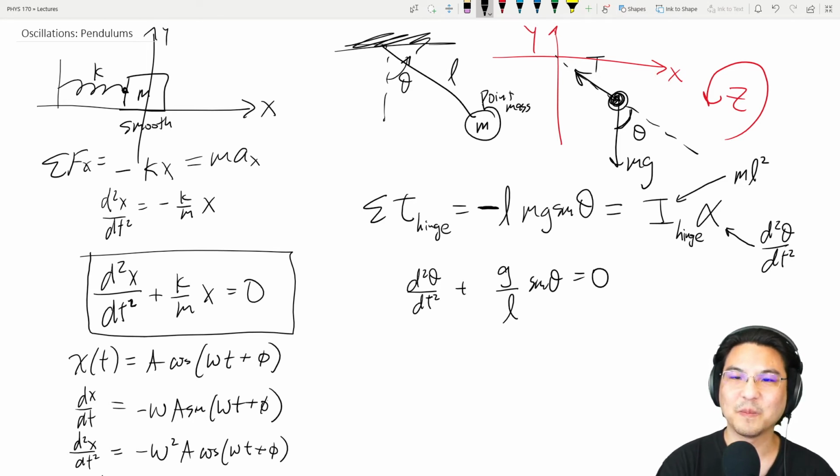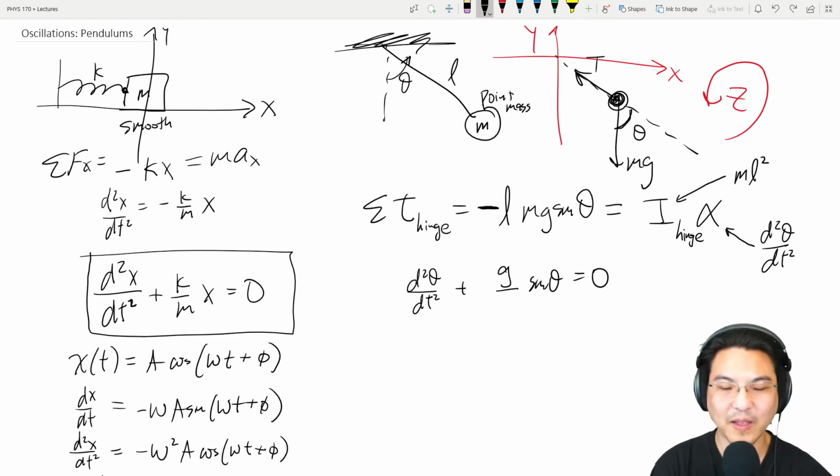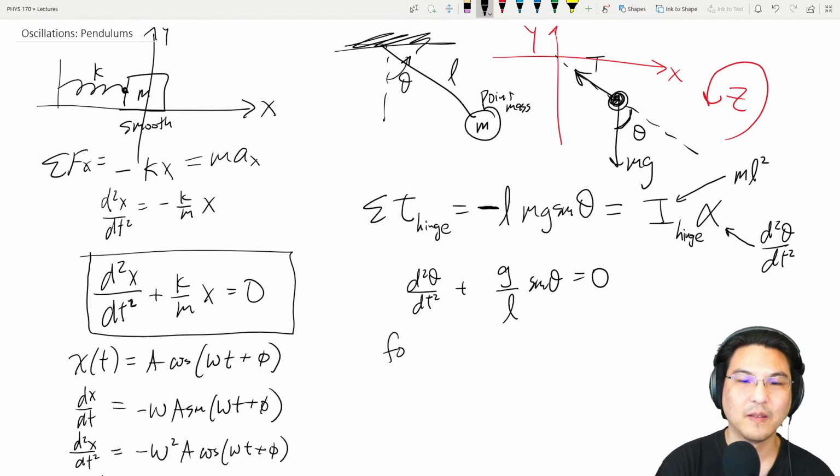And let's make this a little bit simpler. Let's consider a pendulum where this is swinging for small angles. Okay, so for small angles, sine theta, this right here, is about equal to theta.